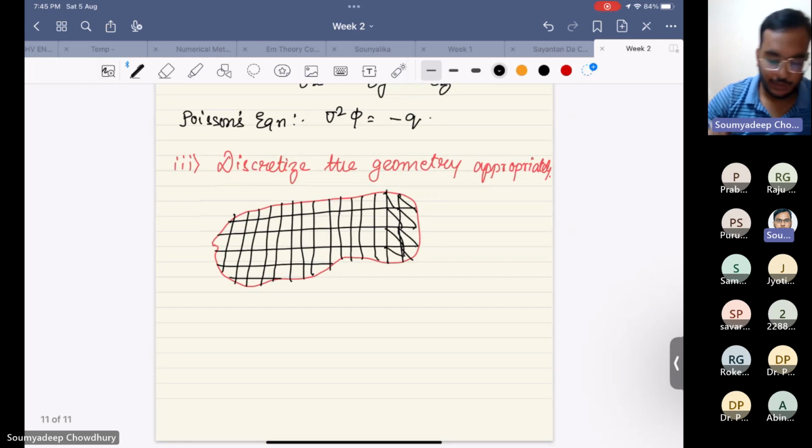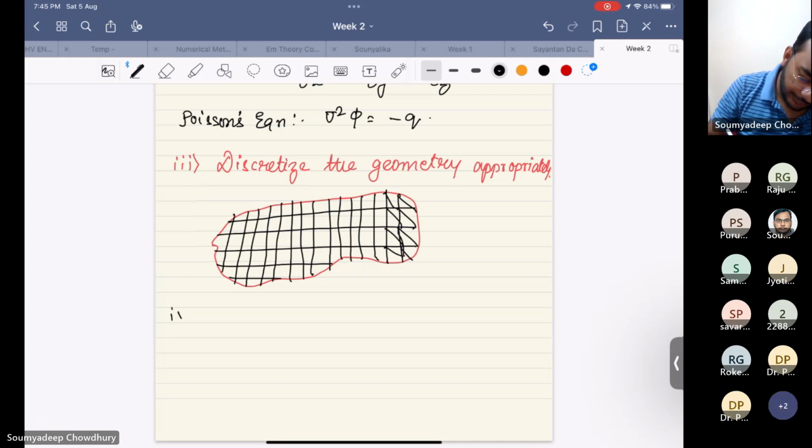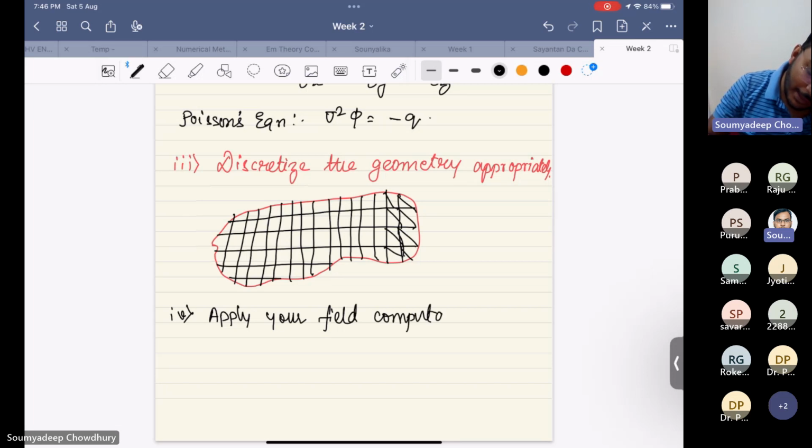So the next step will be apply your field computation process. This part will vary for different processes. Charge simulation method will be different. FEM, finite element method, will be different. Finite difference method will be different. Apply your field computation algorithm.